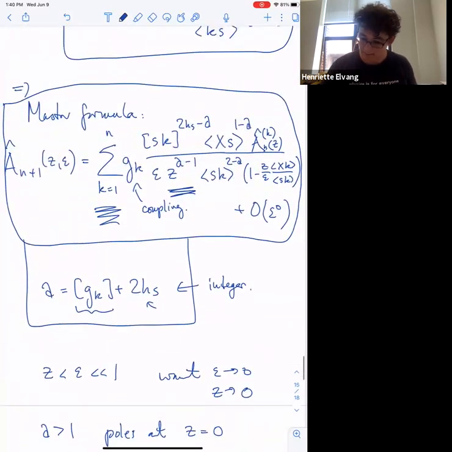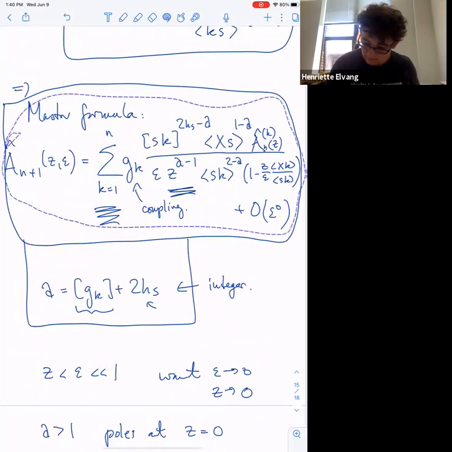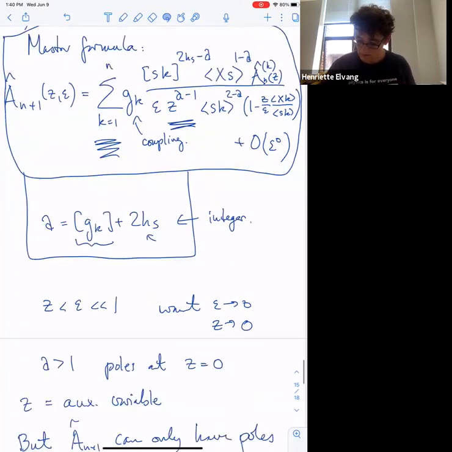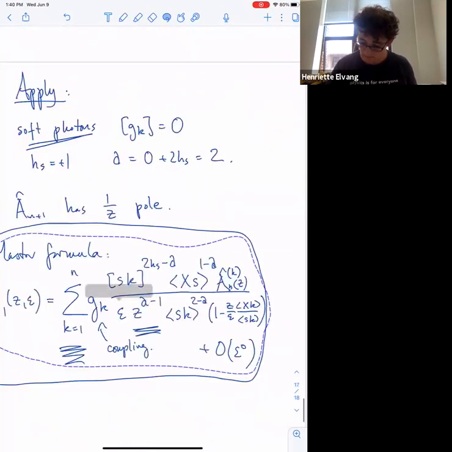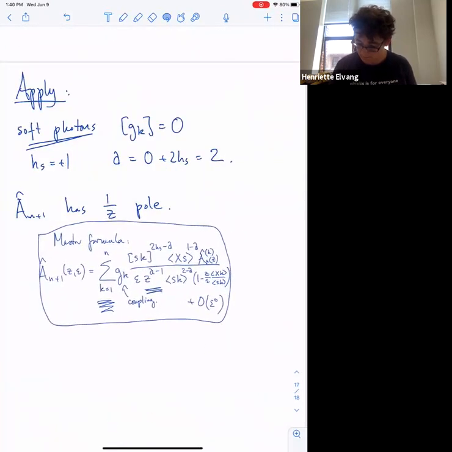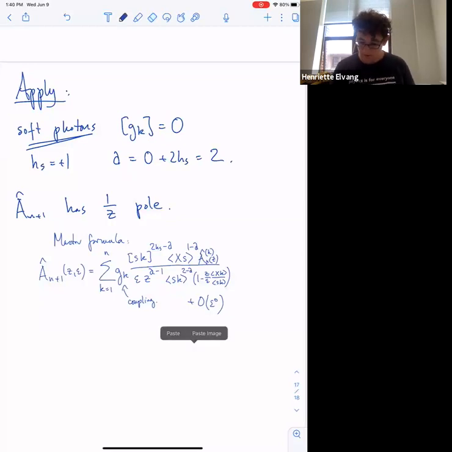So let's grab our formula here. Actually, I will grab it so I can use it multiple times later. Here's our master formula. What do I get?